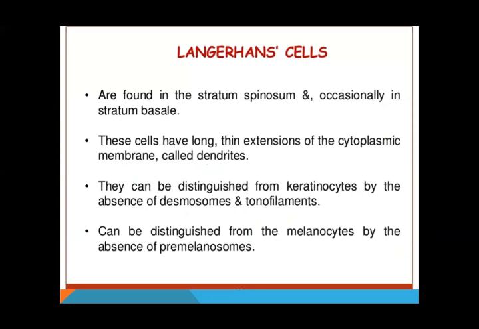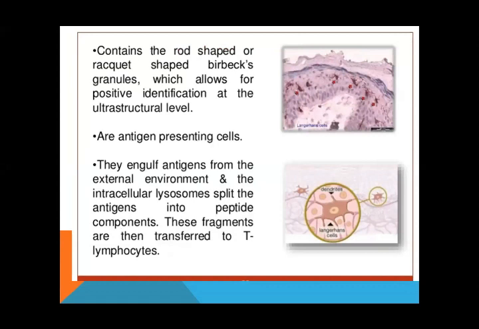They can be distinguished from keratinocytes by the absence of desmosomes and tonofilaments, and from melanocytes by the absence of premelanosomes. They contain rod-shaped or racket-shaped Birbeck granules, which allow for positive identification at the ultrastructural level.